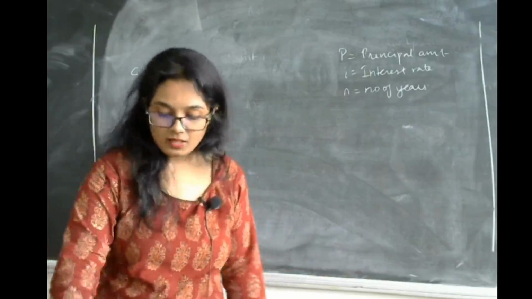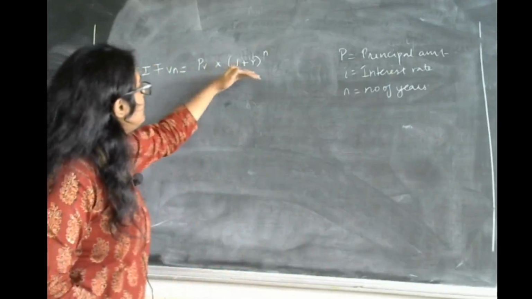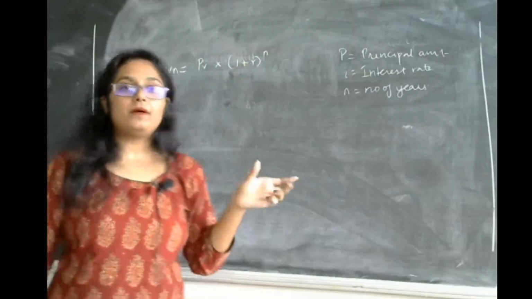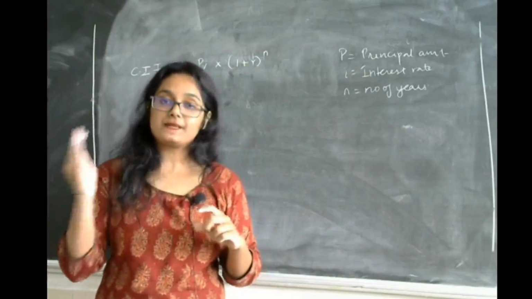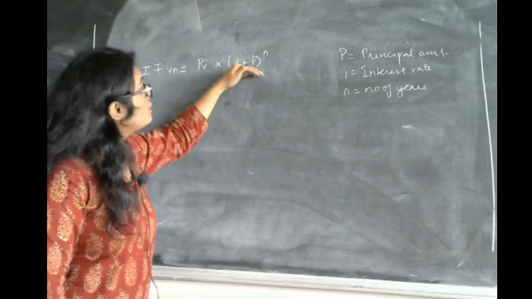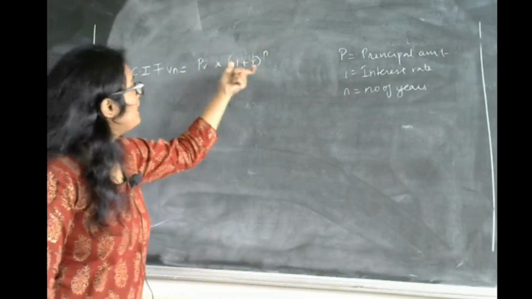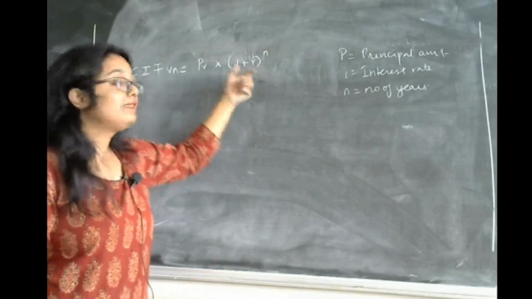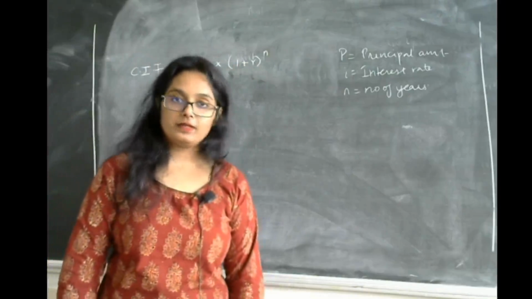Clear? So we take the present value and we multiply it with the future value factor. Okay, if you remember, I have given you all those tables, right? In those tables, there is present value factor and there is future value factor. So this is your future value factor, in which you take your present value and multiply it with the future value factor in order to determine the future value of your compounding interest. Clear?